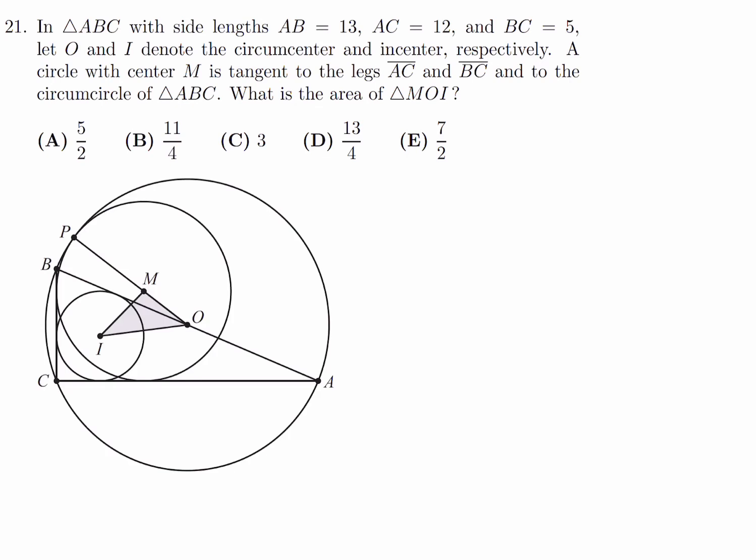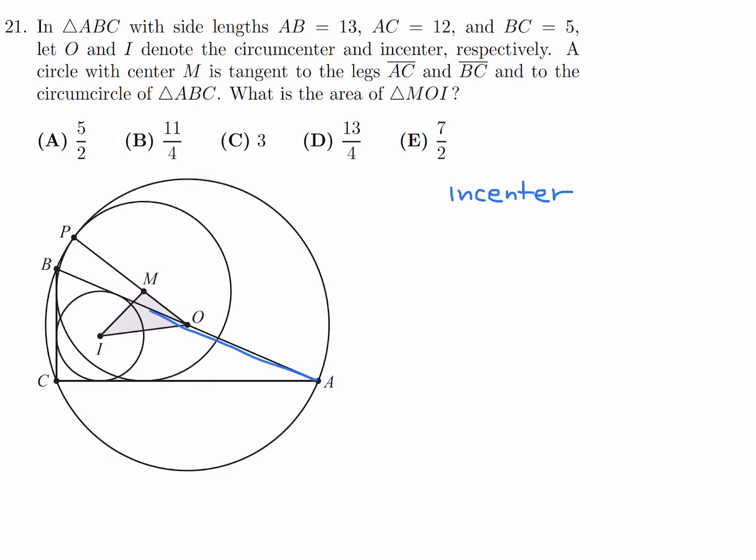Well, here is that diagram, and don't get too overwhelmed by it. I'll go through it step by step. So first, let's talk about the incenter. The incenter is basically the center of the circle that is inscribed inside the triangle.